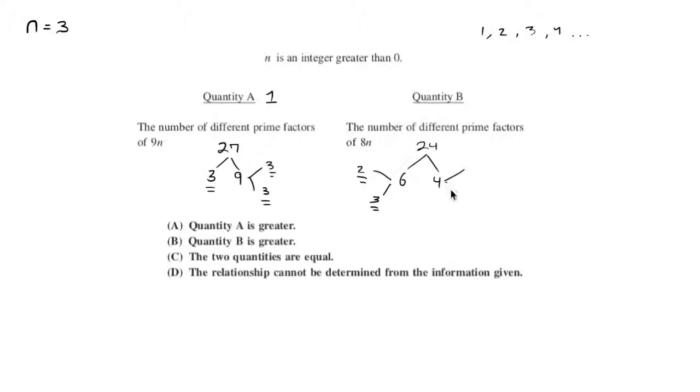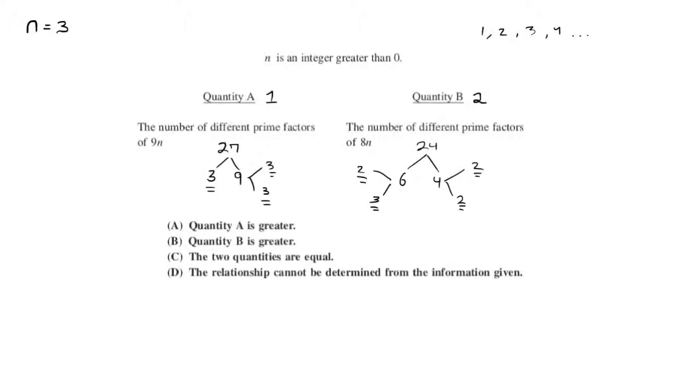The 4 can be split off into 2 and 2. Here we have 4 branches, but they are really the same 2 numbers. 3 instances of 2, 1 instance of 3, but that means that the number of different prime factors is 2. So it would appear that quantity B is winning, but I don't really trust it.